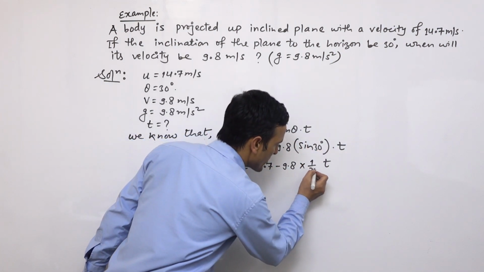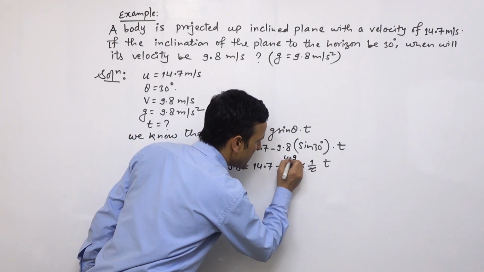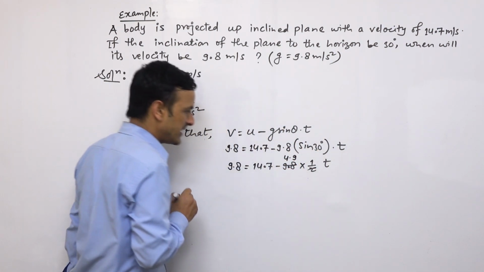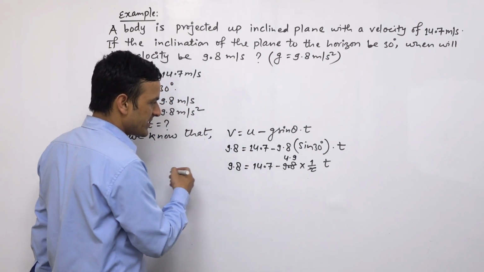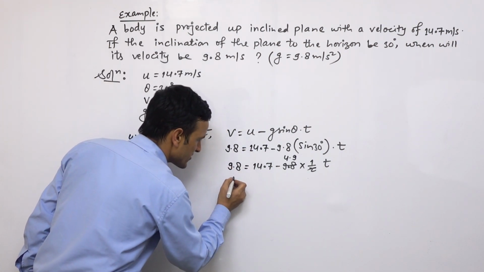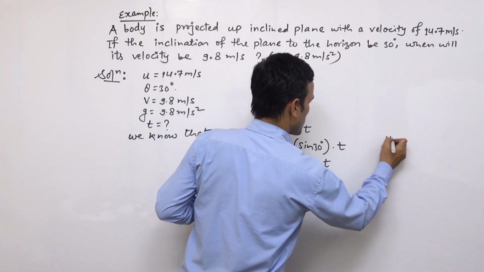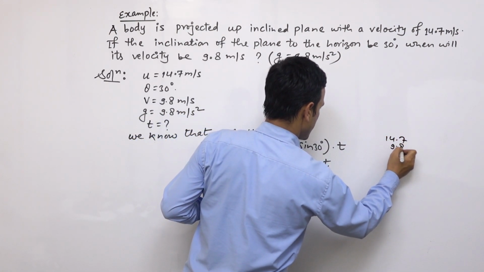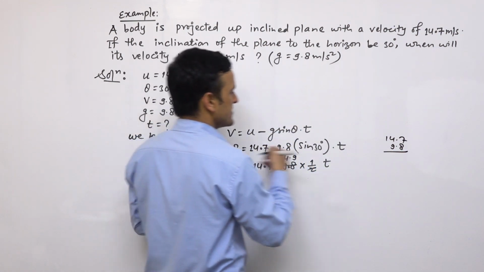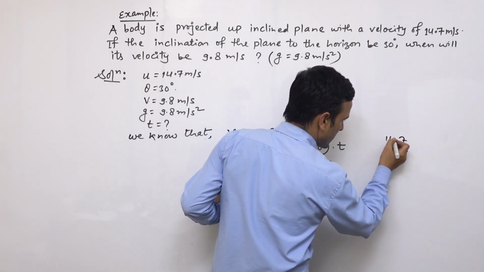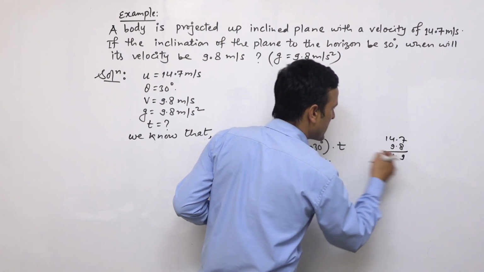So sin 30 means 1 by 2, and we can cancel 9.8, 4.9. So if you solve it, then it will be this minus this. So what will be here? So 14.7, 9.8. If you minus from here 9, now 13, 9, 4, 13, 4.9.